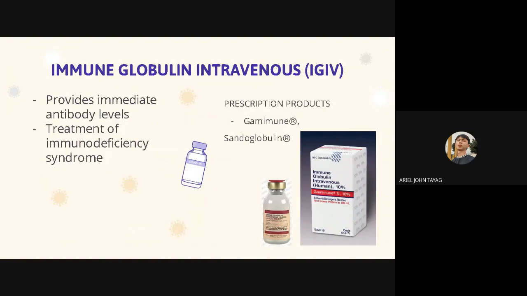We also have immune globulin intravenous or IgIV. It is for injection into a vein. It provides immediate antibody levels and treatment for immunodeficiency syndrome, especially in patients who require an immediate increase in immunoglobulin blood levels.